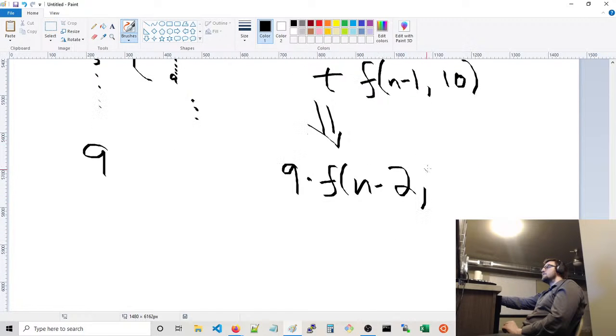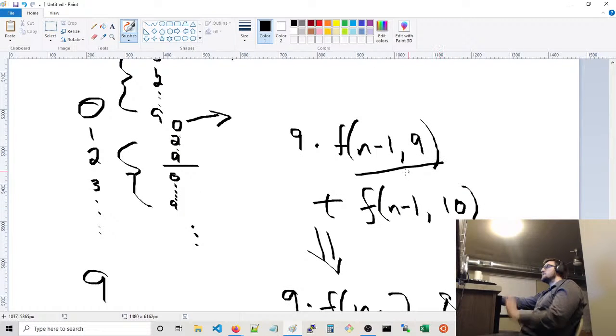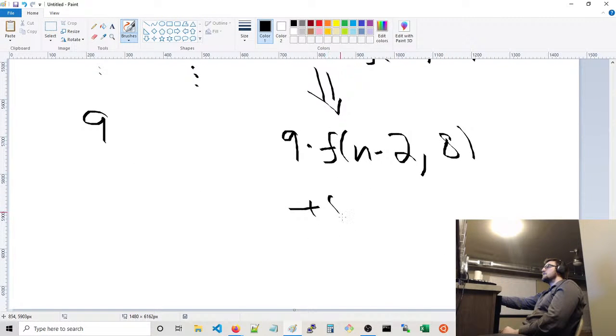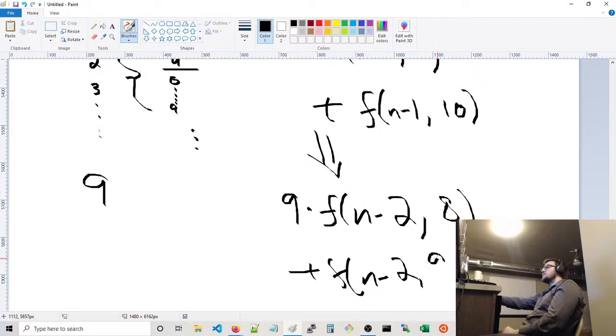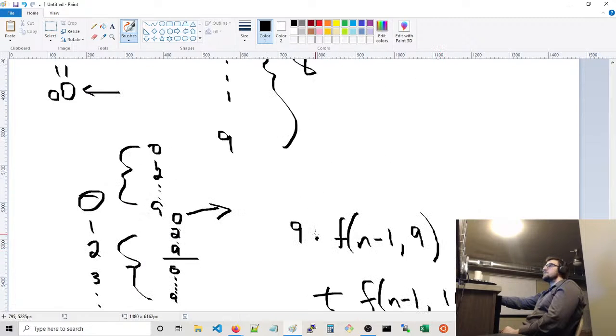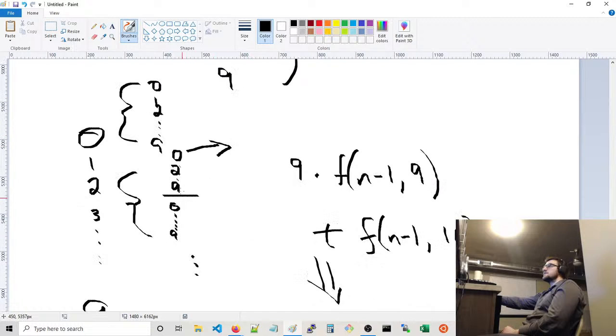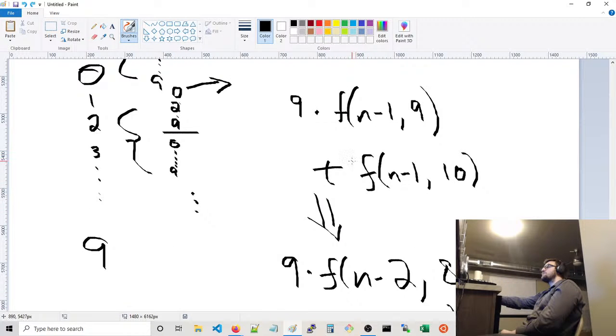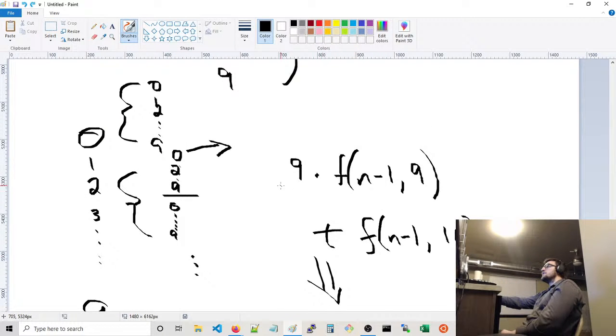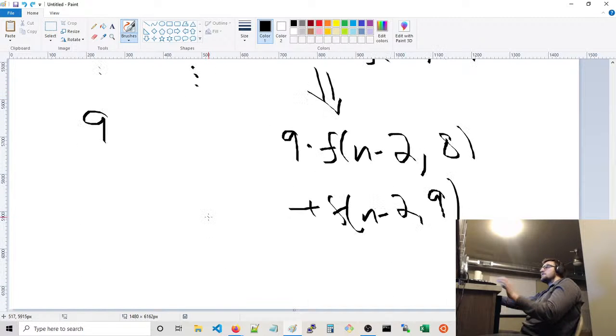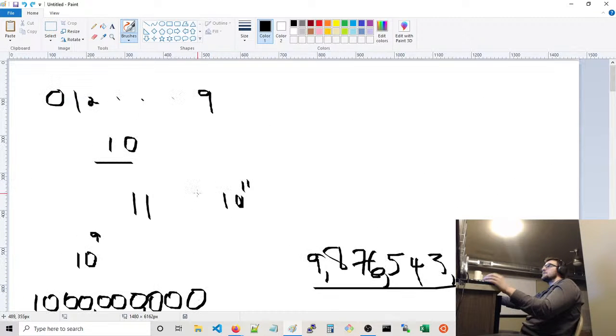And it would be 8, if we said 9, right? 8 and f of n minus 2. And this would still be 9. For one of those cases, you won't use the 0 for each of these spots. You have this kind of recurring structure. So really you do have something of a formula.